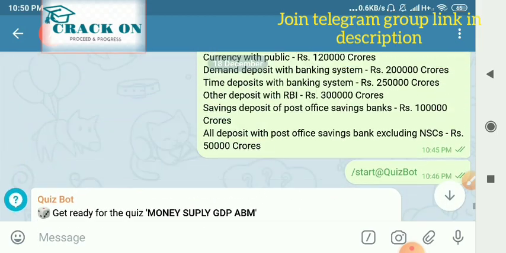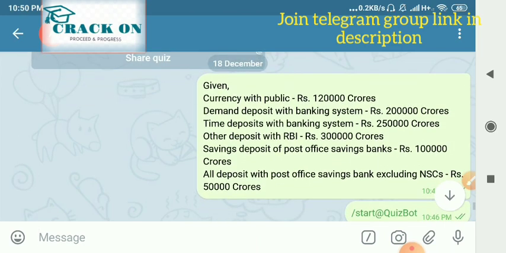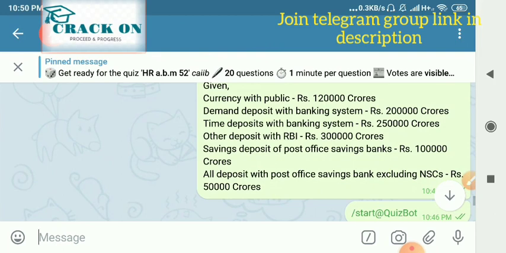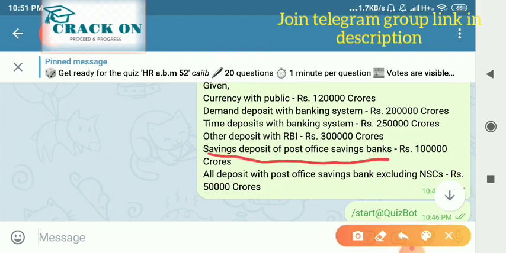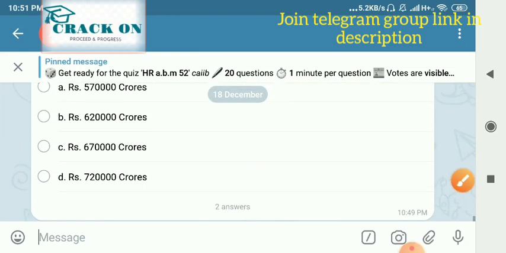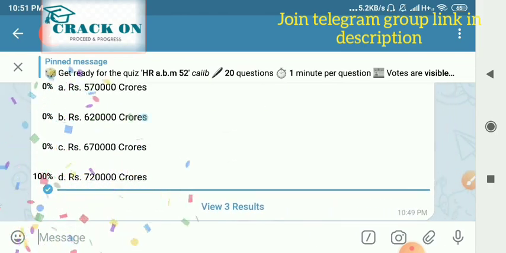Let me show you the data: saving deposits with the post office saving banks is 1 lakh. So the answer is 7.2 lakhs.